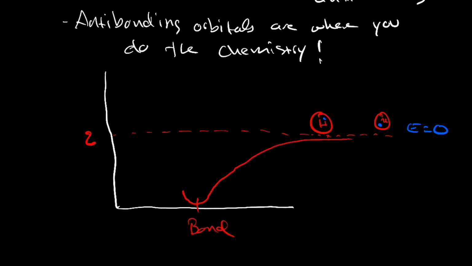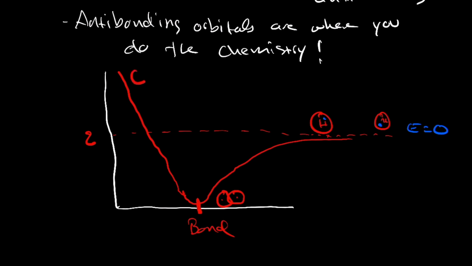But as the atoms get closer, their nuclei start to get too close, and that starts to become unstable. So your bond minimum is essentially when you have this nice distance where the nuclei are far enough apart that they are not threatened by each other, and the electrons can interact peacefully.